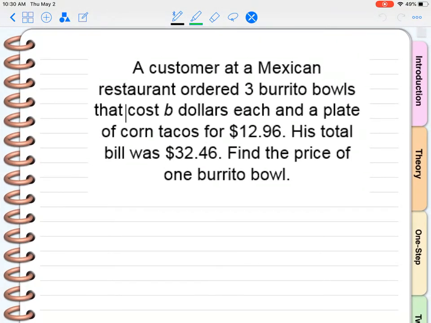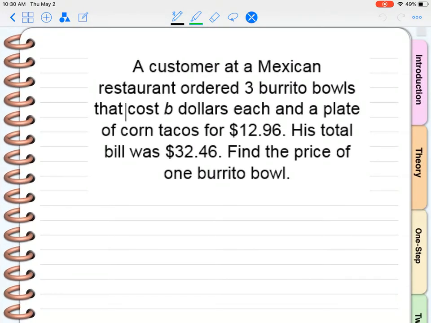So let me do some highlighting here to make this a little bit easier to follow. The first thing they tell me, the first number fact, is 3 burrito bowls that cost $B each.